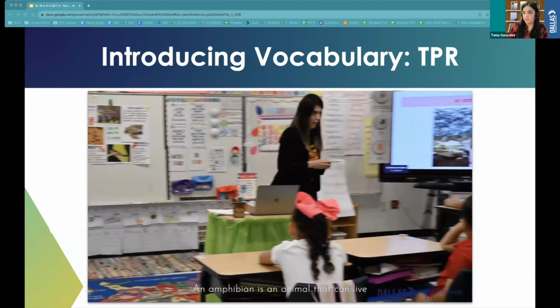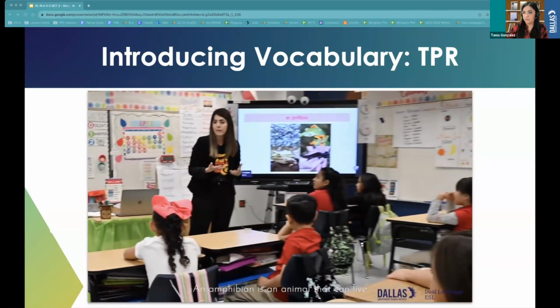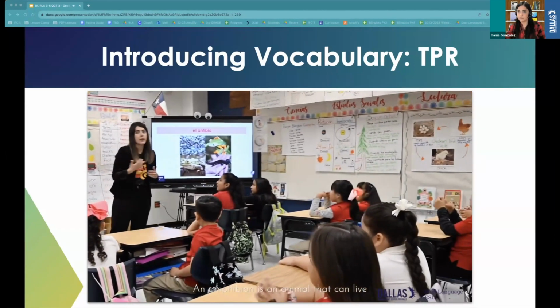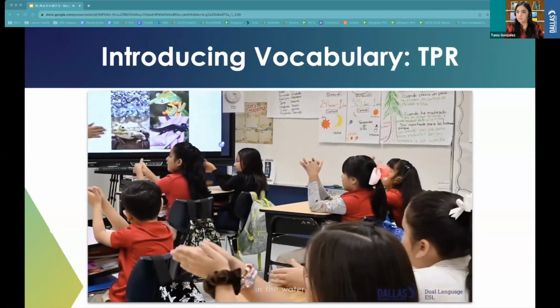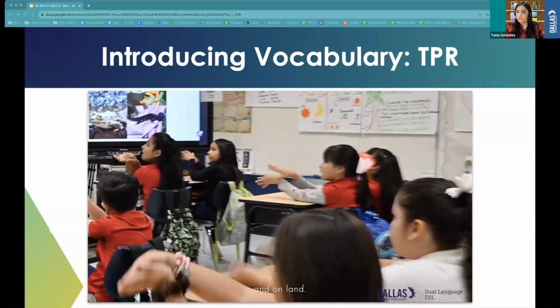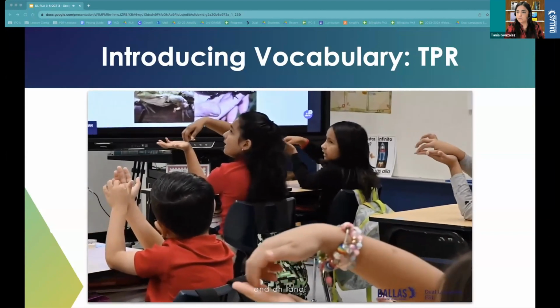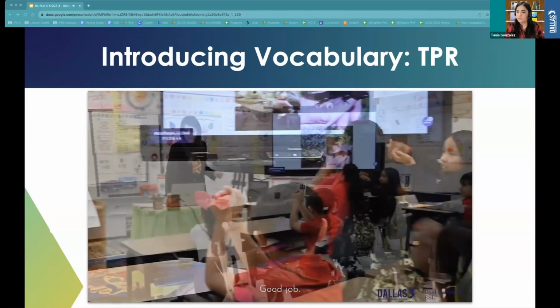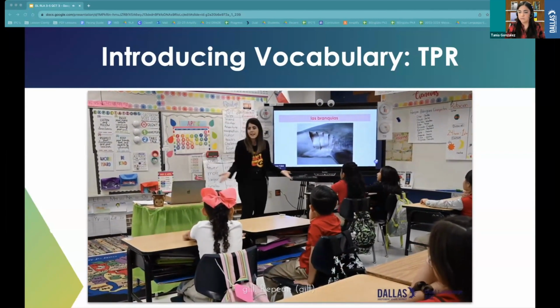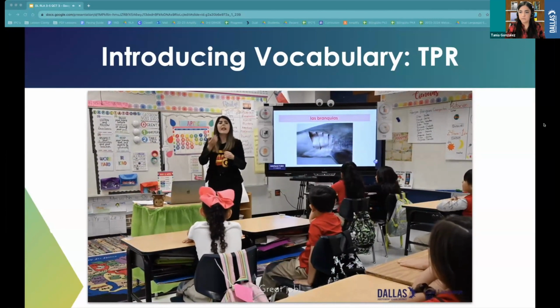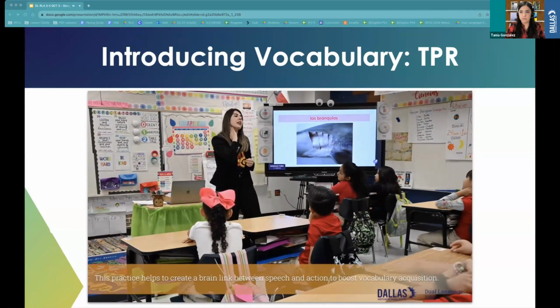Un anfibio es un animal que puede vivir en el agua y en la ¿qué? Tierra. Muy bien. Siguiente palabra, las branquias. Repitan. Muy bien, las branquias.